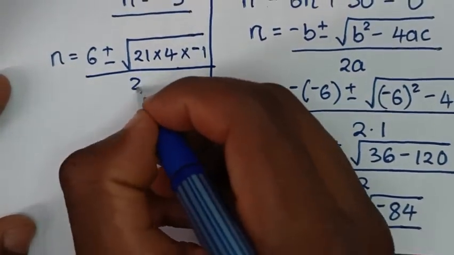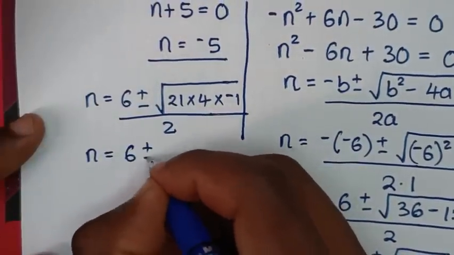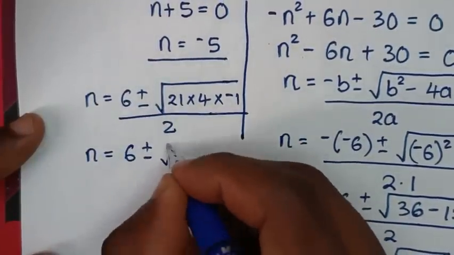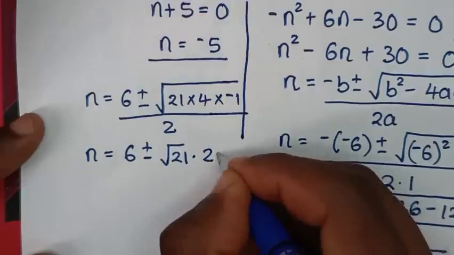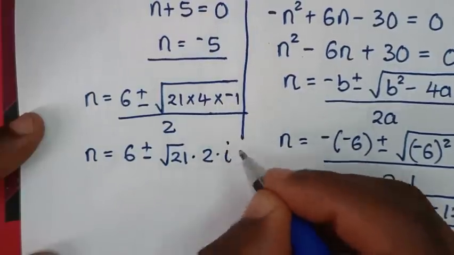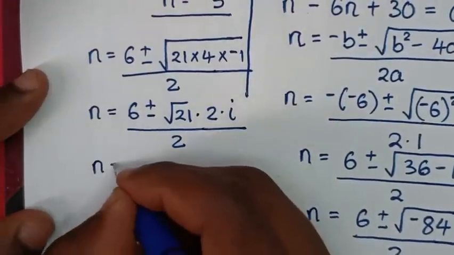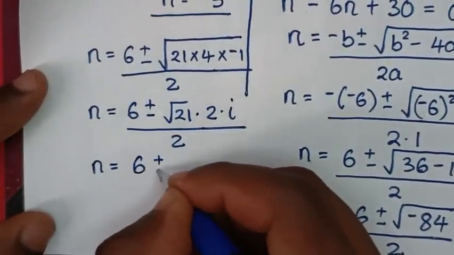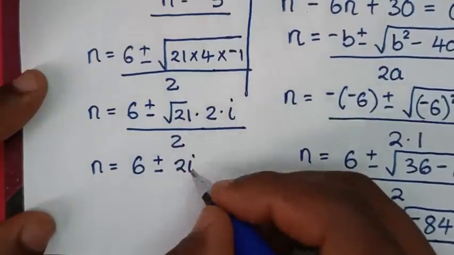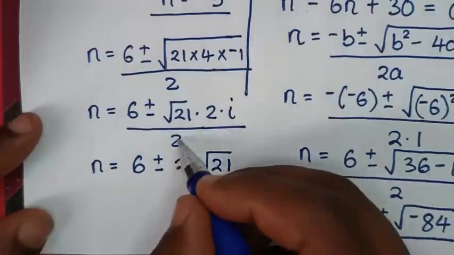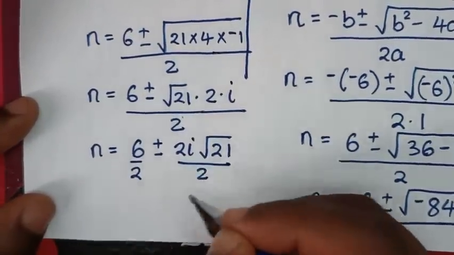Then n is equal to 6 plus or minus the square root of 21, the square root of 4, which is 2, times the square root of negative 1, which is i, then over 2. So n is equal to 6 plus or minus 2i times the square root of 21. Then we divide by 2 in this part and this part.